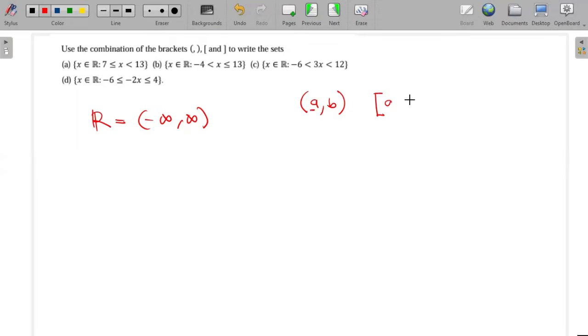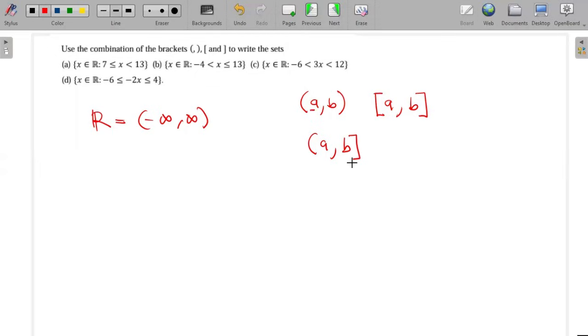Then we have these square brackets here. You have A and B like that. This would mean that A and B are part of your interval. Then when you see that on one side you have A and on the other side you have B, like that, it just means A is not in the set, whilst B is part of the set.